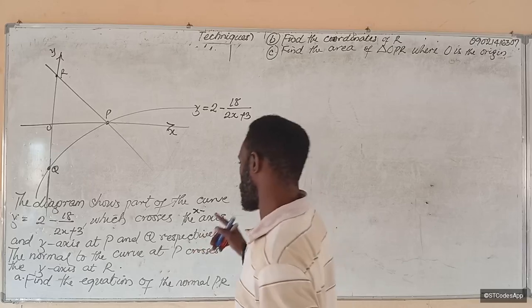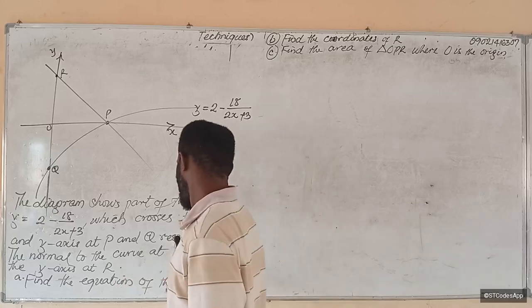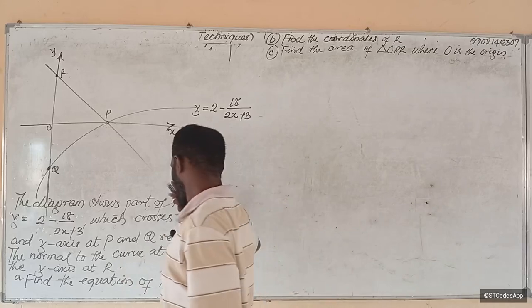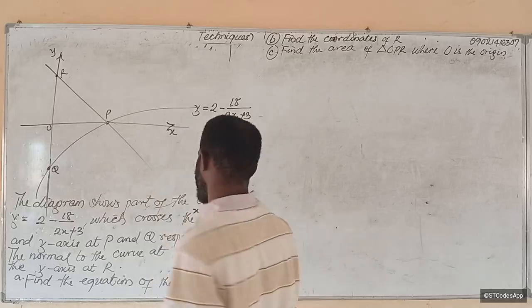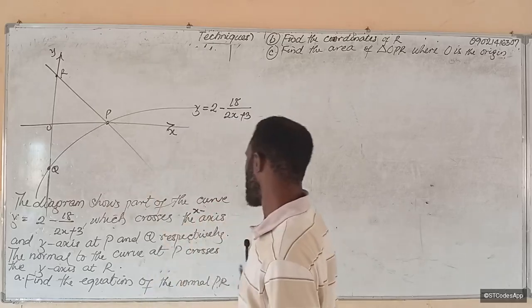The normal to the curve at this point P crosses the y-axis at R. Find the equation of the normal PR.